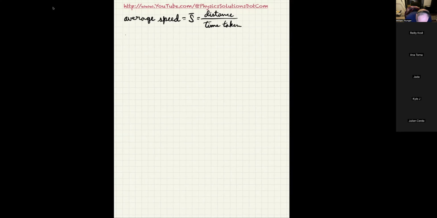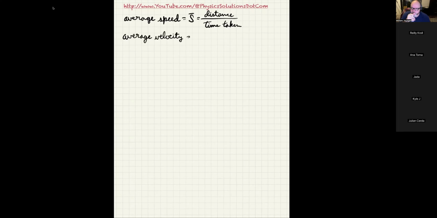Additionally, we have an average velocity, which is going to be a lot more complex and weighty once we get to chapter three, where we talk about the vector quantity. So average velocity is really an average of a vector quantity, meaning it has magnitude, a size, and a direction.